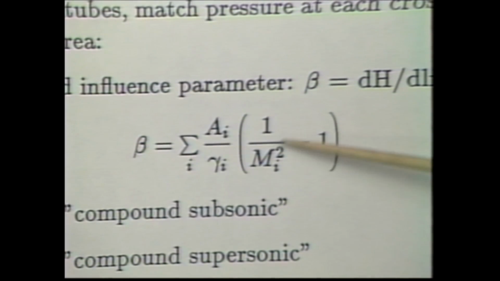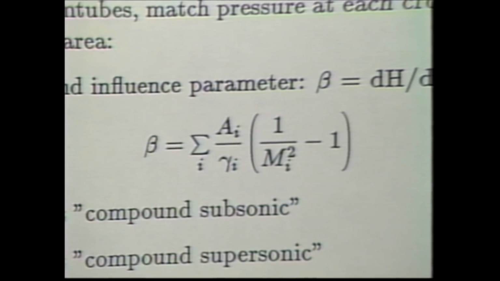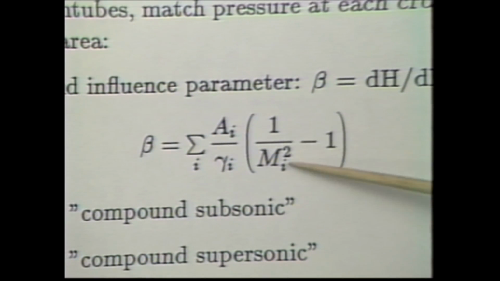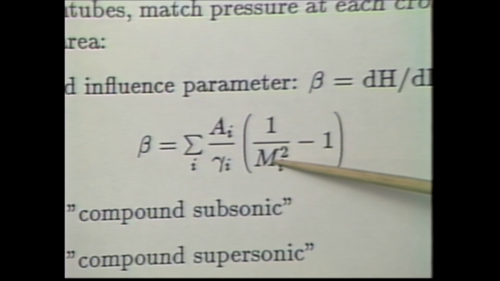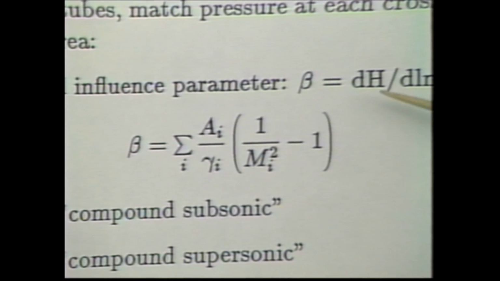Notice that the beta parameter scales inversely with the square of the Mach number minus 1. If I have a very, very large Mach number, 1 over Mach number squared is a small number. If I have a very low Mach number, 1 over Mach number squared can become a very large number. So what that tells us is that a relatively lower speed stream tube can have a dramatic influence on the bulk behavior of the flow, even though it might even have a much smaller area than the high-speed stream tube.